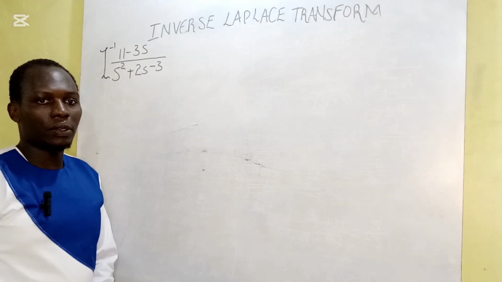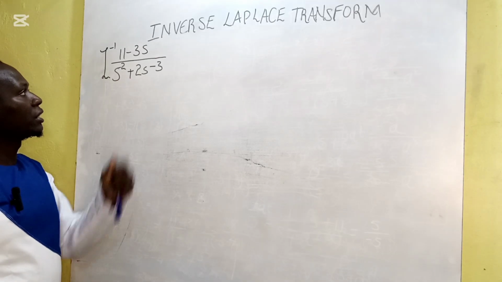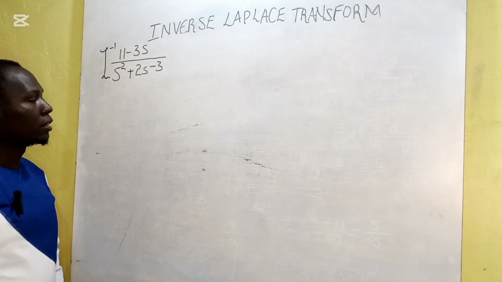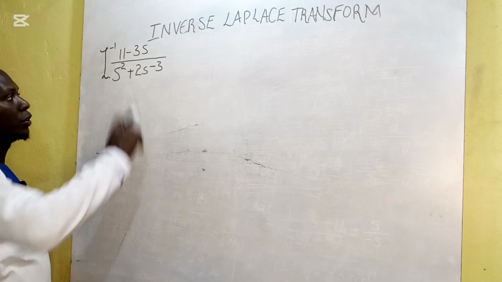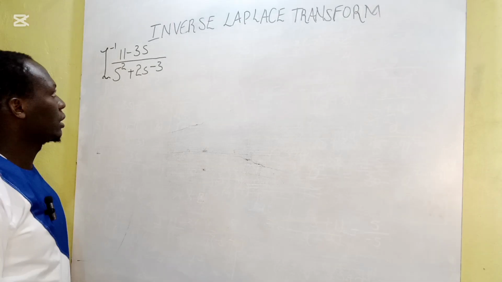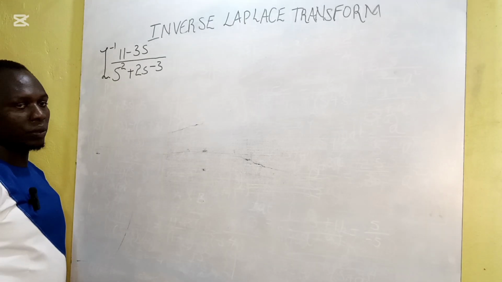This is now our second example, whereby when you check on our denominator here, it involves a quadratic equation. When you've been given a function that involves a quadratic equation like this one, the first thing that you need to do is to simplify the quadratic equation.